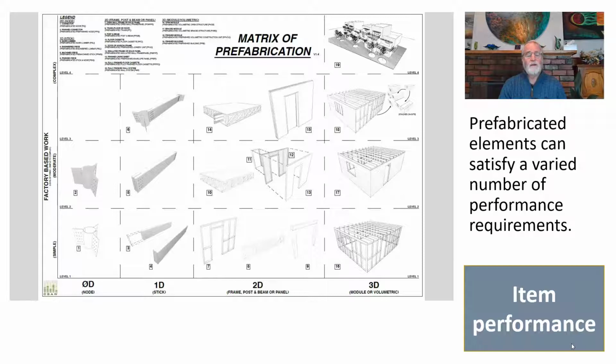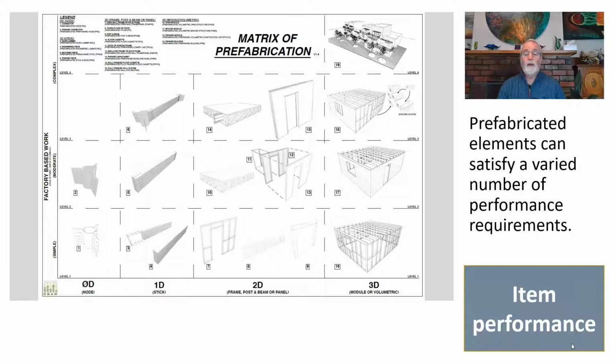If we're looking at these things, our three-dimensional modules, our 2D panels, our 1D sticks, we can think of them also in terms of the levels of performance that they're going to provide. So how many different performance requirements is the object going to satisfy?